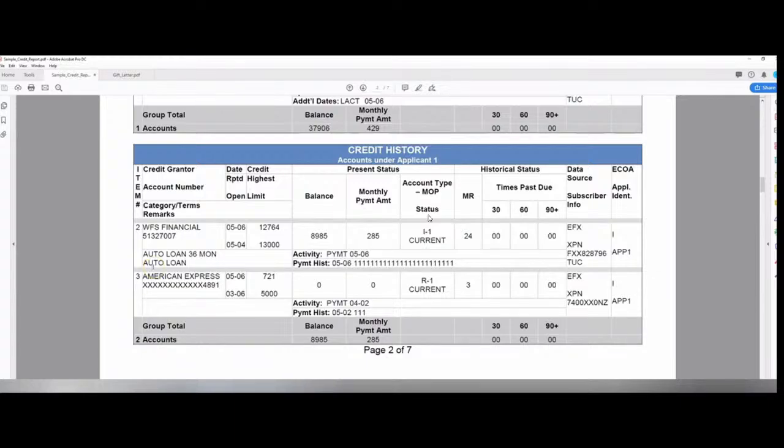I've seen processors, even underwriters, accidentally look at the loan system that the credit report imports to, see the car showing up incorrectly as an auto loan, not a lease, and exclude the payment, and it's making loans qualify that should not, and it's going to hurt the borrower down the road.